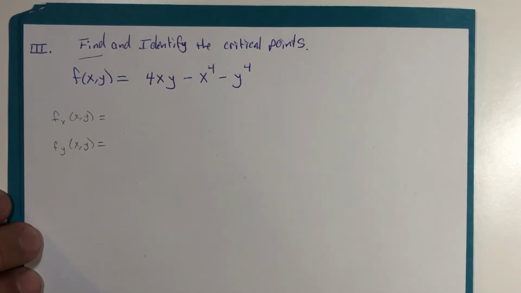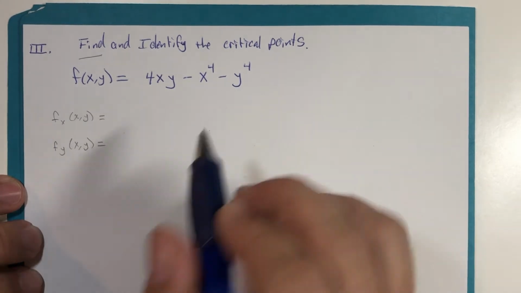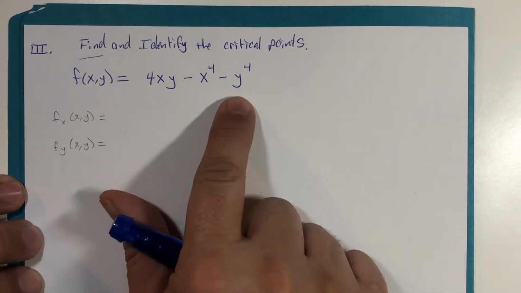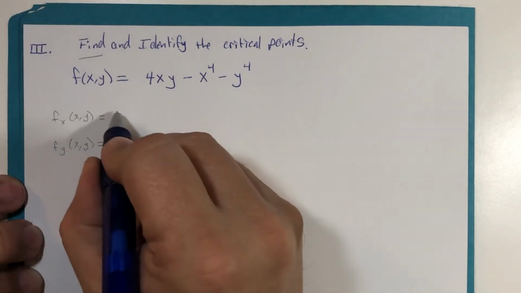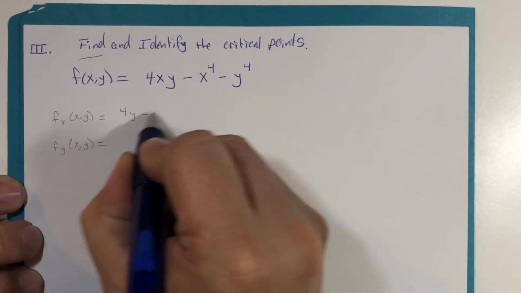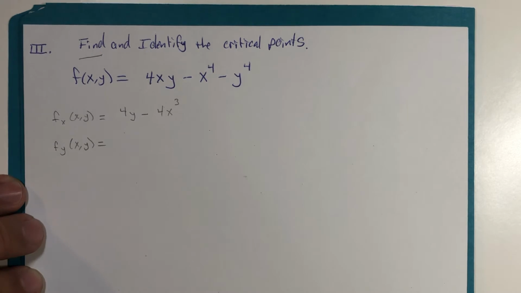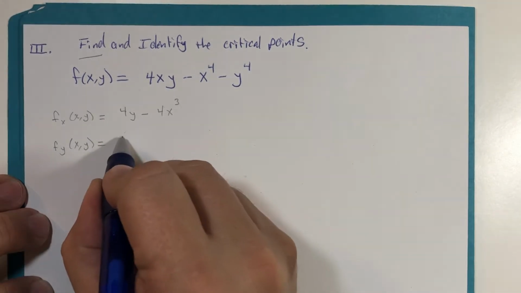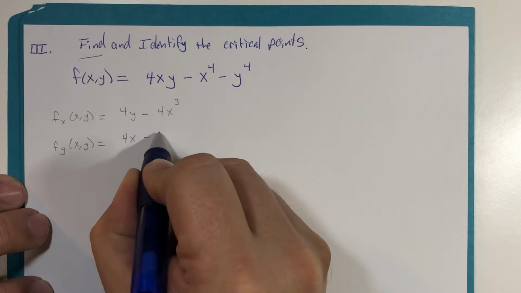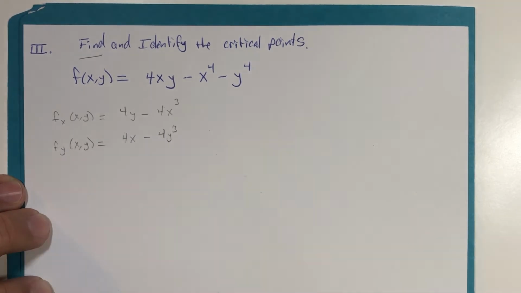So the first partial x derivative, that's right, 4y minus 4x to the third. And then the first derivative with respect to y is 4x minus 4y to the third.